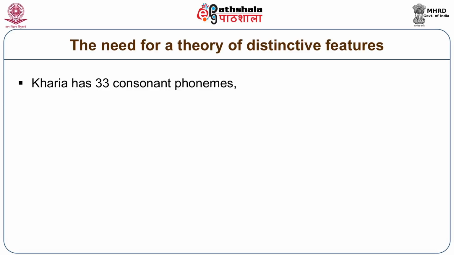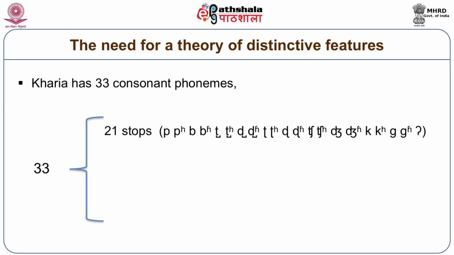In addition to this need to have labels for distinguishing sounds, we also need to go into the various processes that are taking place in languages. For example, in a language such as Khadiya, there are 33 consonants and of course vowels and other sounds.